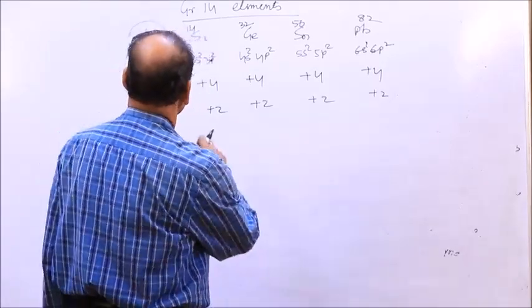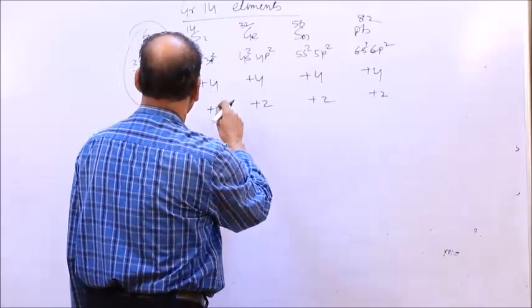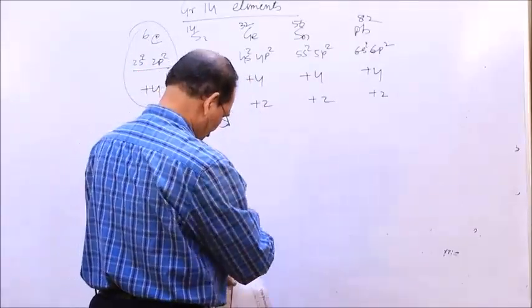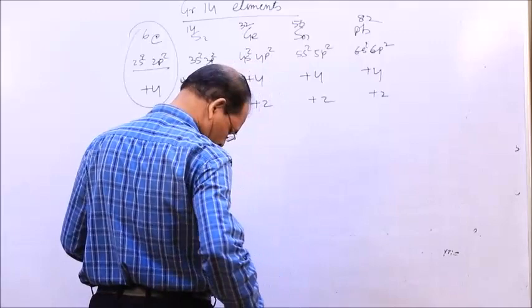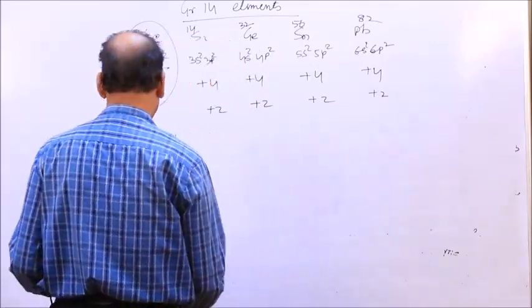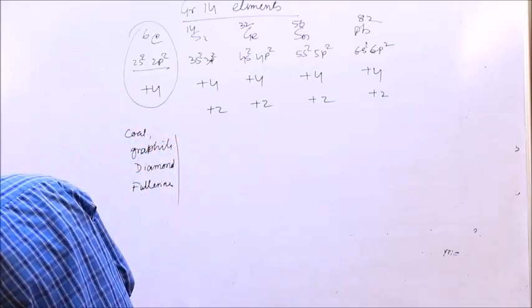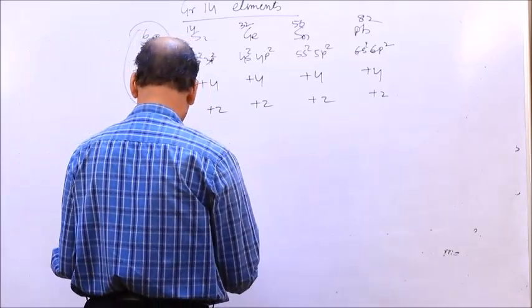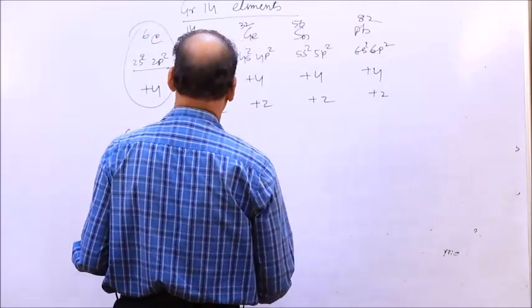Silicon is the third most abundant element in the earth crust, and germanium is less available, occurring in traces.